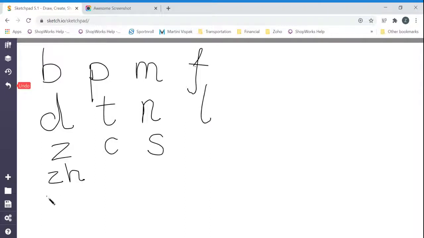There you go. That is an initial that is composed of two letters. This one is pronounced as zh. Ch, sh.